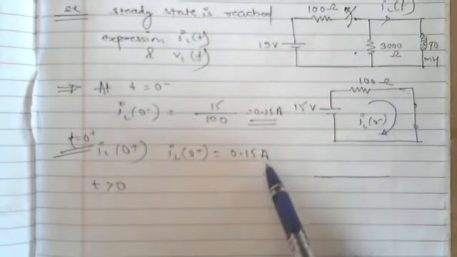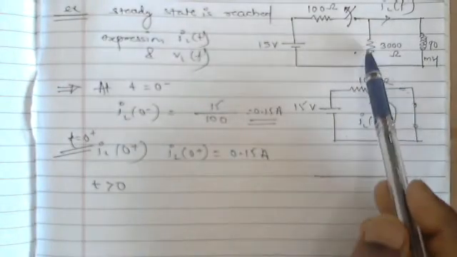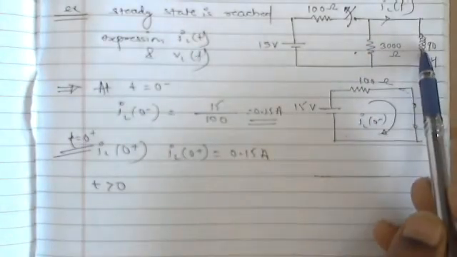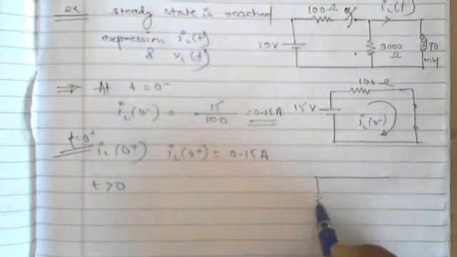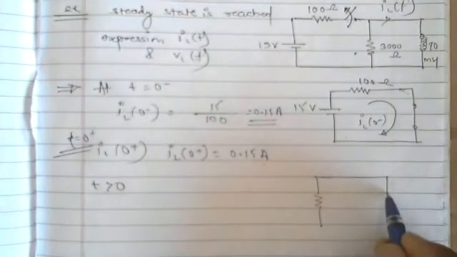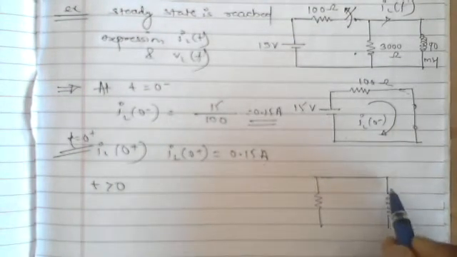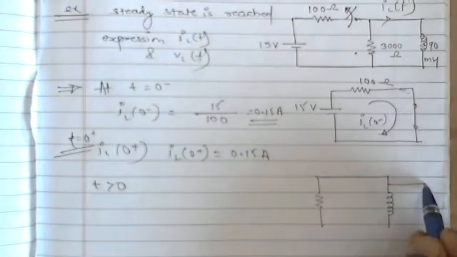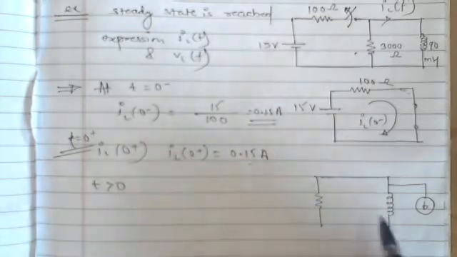At t = 0 plus, I have not drawn the circuit, but directly you can draw the circuit with this resistance, and this will be a current source of 0.15 ampere. Now at t = 0 plus, this resistance is there. Inductor has discharged, so now the inductor will act as an inductor itself. At the same time, it will act as a current source of value 0.15 ampere.